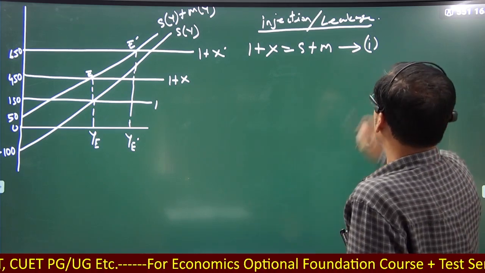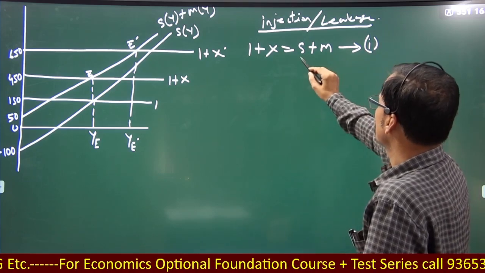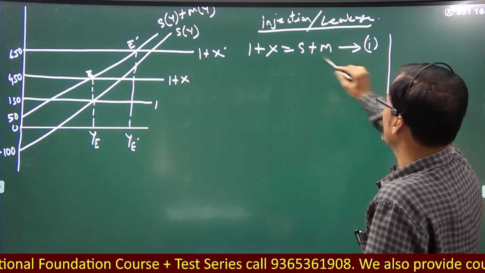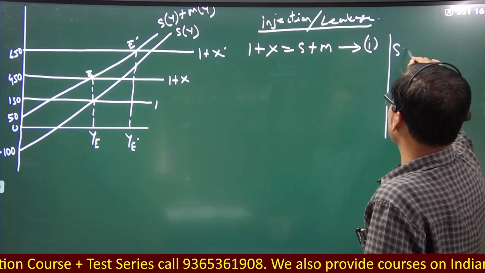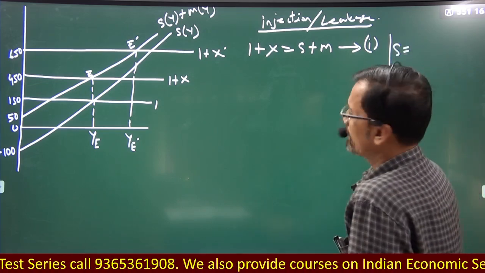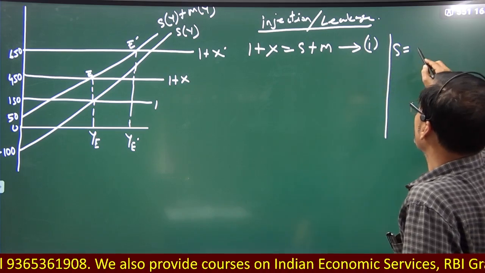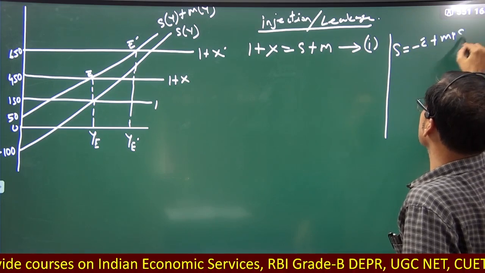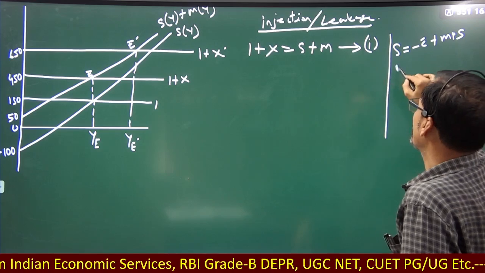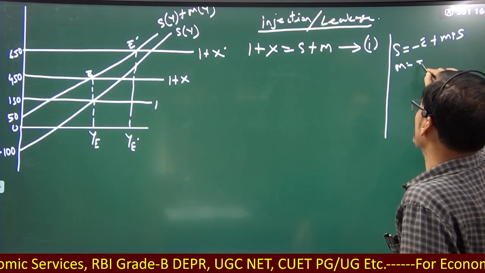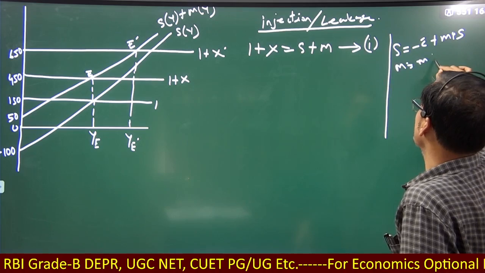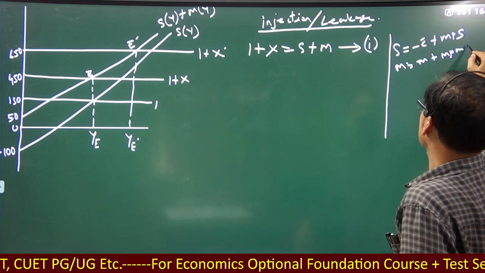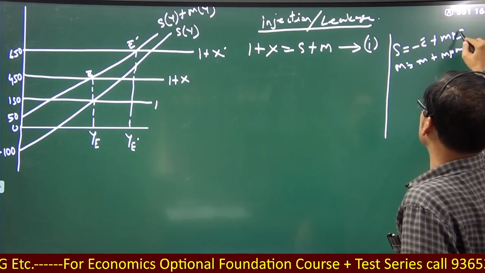Now, very interestingly, we take the saving function as a linear function, that is minus C plus marginal propensity to save times income. Similarly, import has some autonomous component plus marginal propensity to import times income.